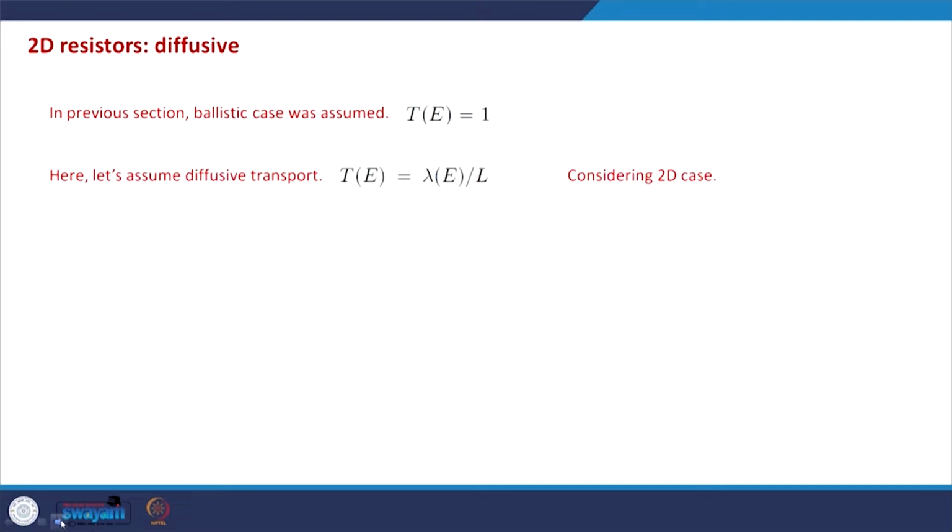So generally in the diffusive transport case, we assume that the conductor is a bulk conductor, purely diffusive transport.